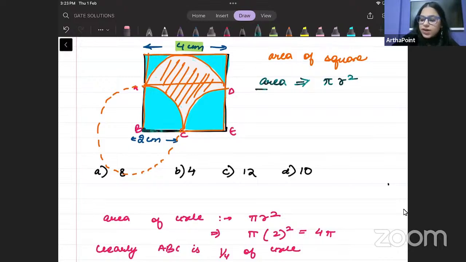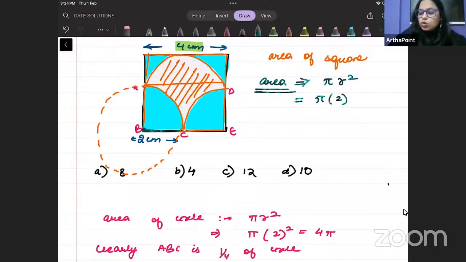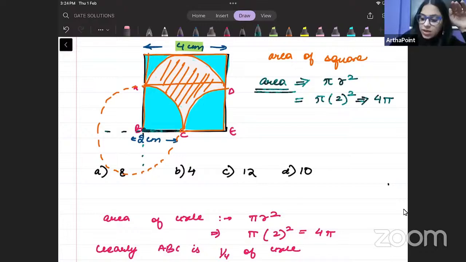So the area of the circle will be pi into 2 square, which is going to be 4 pi, right? And if you notice, in this entire circle, I am taking 1/4 of this circle. Now, this kind of question will come a lot of times in the GATE exam. So I am just taking 1/4 of the circle. I am only taking this part of the circle, 1/4 of the circle.